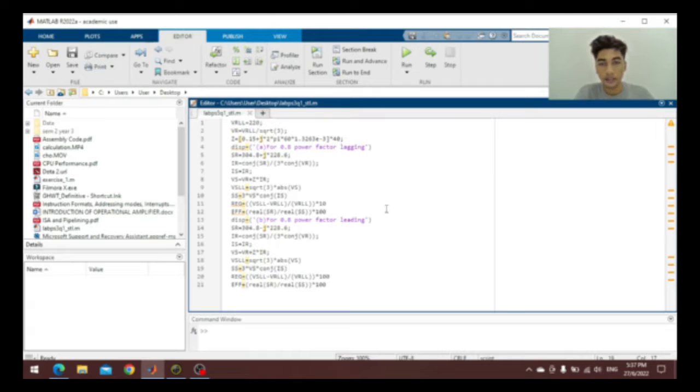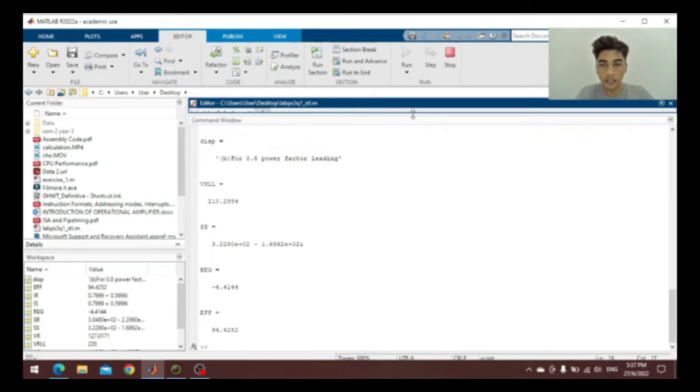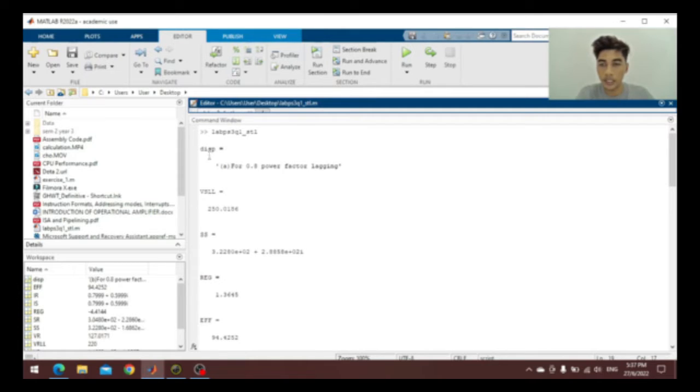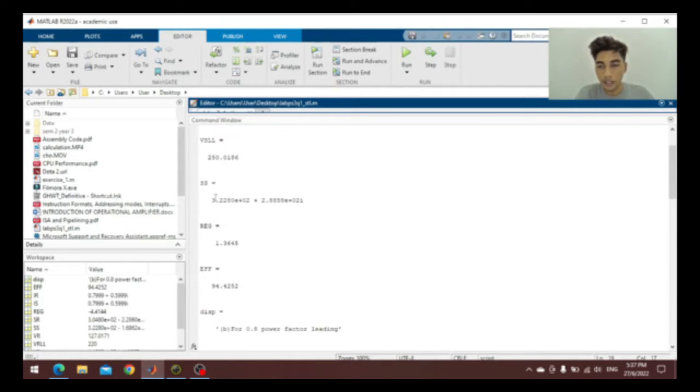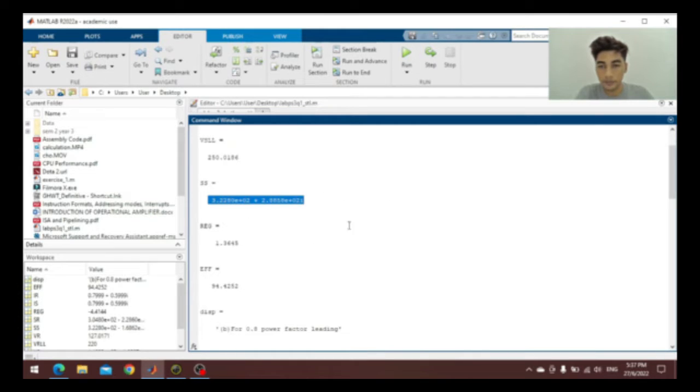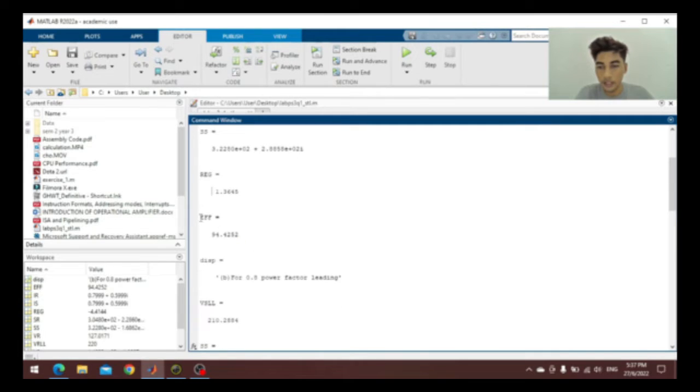After we write the coding, we need to run it, and then the answer will appear on the command window. We can see the display for A. VSLL is 250.0186, and for SS this is the value, REG this is the value, and EFF.